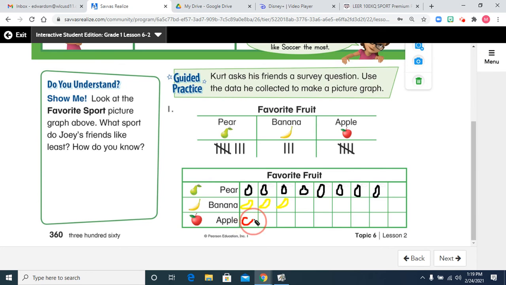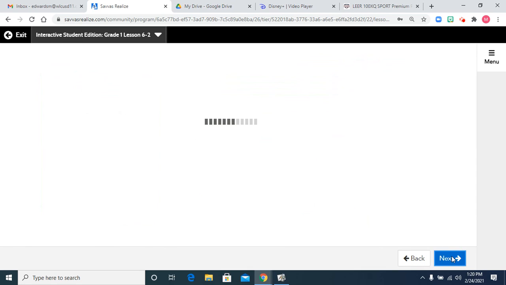So we'll make 5 apples. And like I said, you could draw these pictures a lot better than I can. So the better the pictures are, the better the picture graph will be. 1, 2, 3, 4, 5. So it's the same information, except instead of a tally chart, we turn it into a picture graph, and that's what this is. That's what you're going to be doing on the next page.